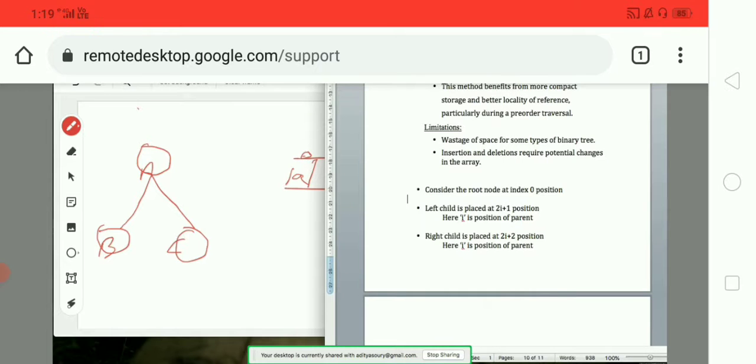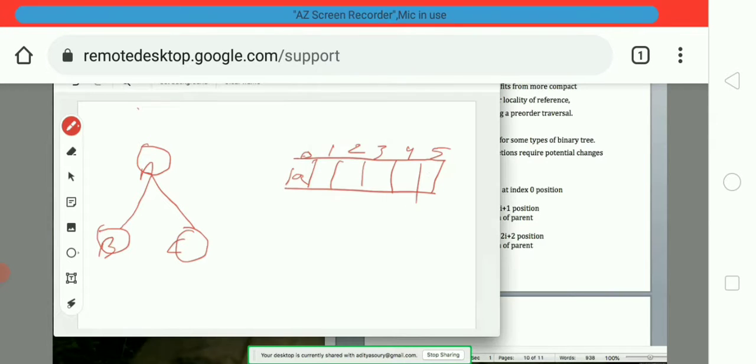Another rule is left child is placed at 2i plus 1 position. Here i is the position of parent. So here in this example, what is the left child? B. So the formula of left child is 2i plus 1.